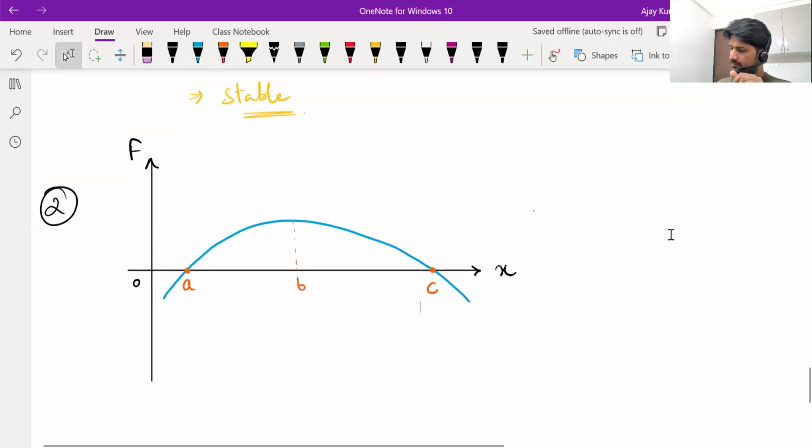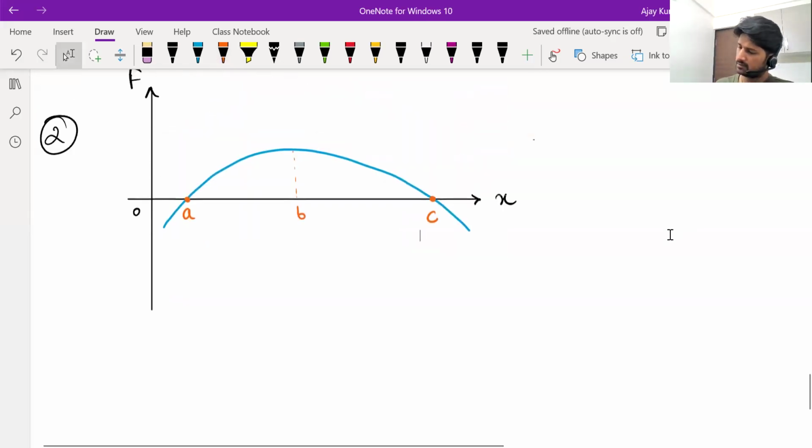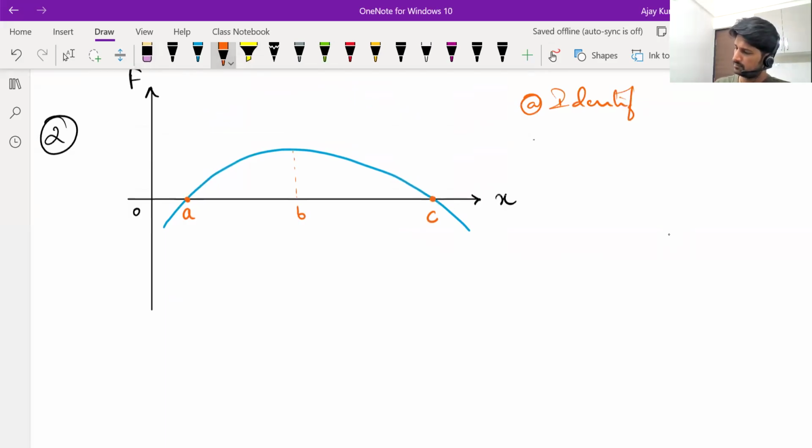So the question is, first part, identify the equilibrium positions. Second, find out what kind of equilibrium it is at each of these positions.